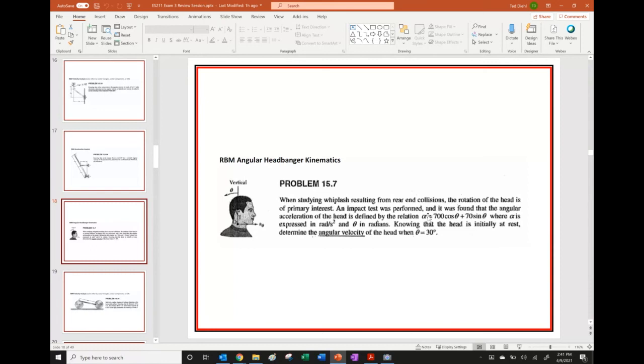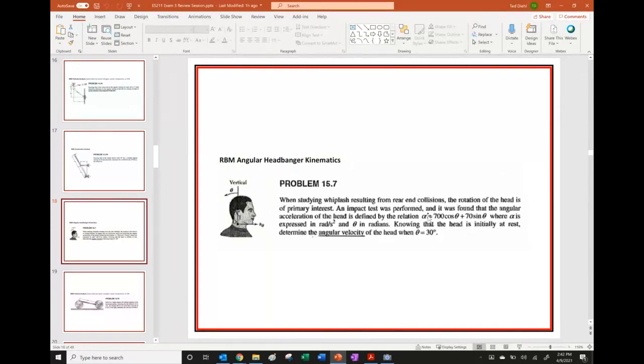Knowing that the head is initially at rest, so omega is equal to 0 when theta is equal to 0, right?